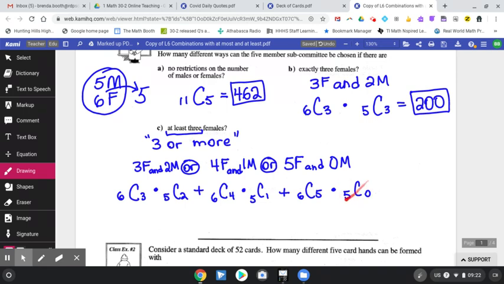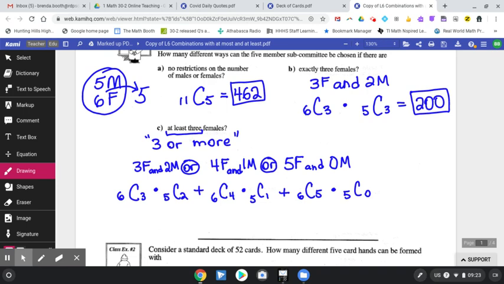So normally you won't see it there, but remember what I like to do is kind of add up those numbers. If I add up this 6 and 5, that's the 11 people who are available. And if I add up this 5 and 0, that's the 5 people that we are selecting. So it's up to you. You can put that in, or you don't have to put that in.